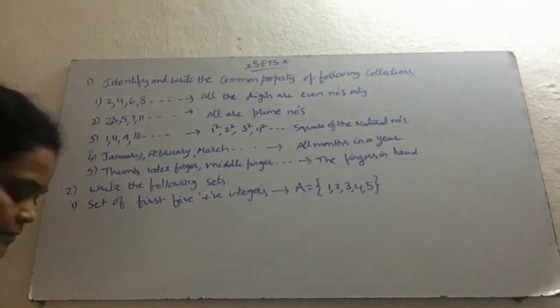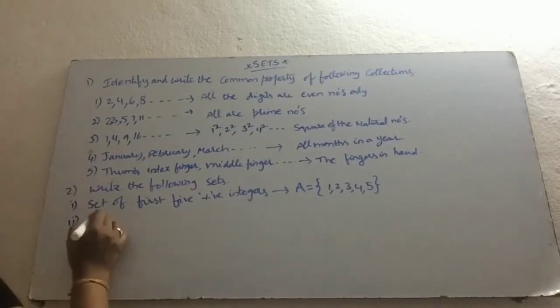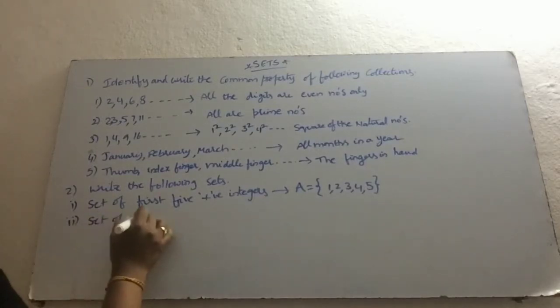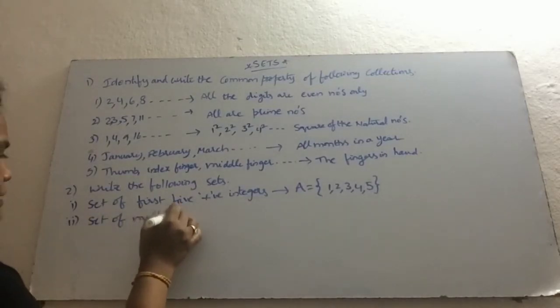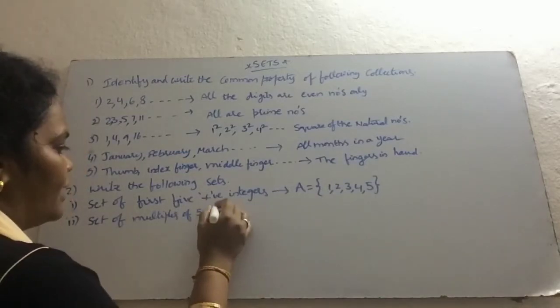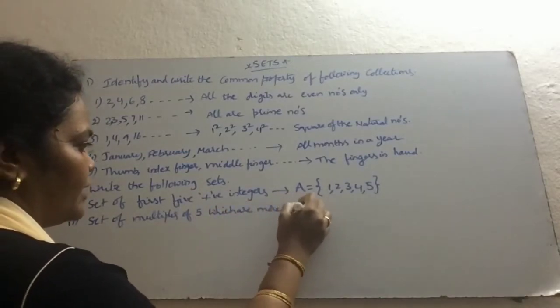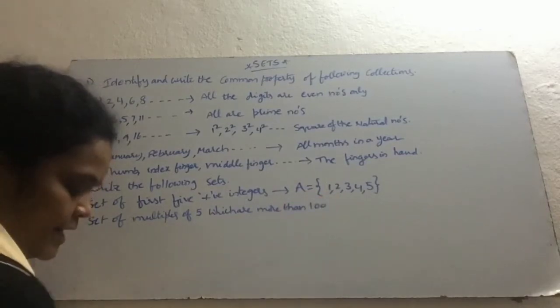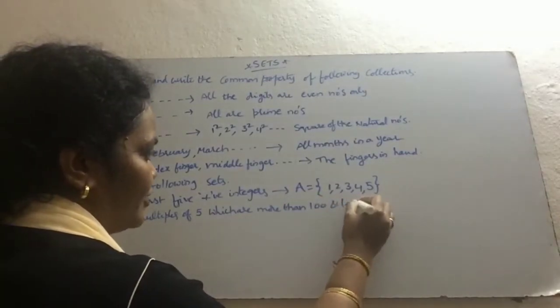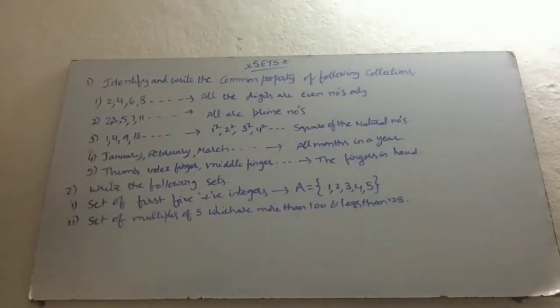And next one, set of multiples of 5 which are more than 100 and less than 125.